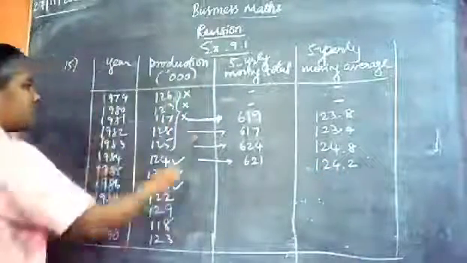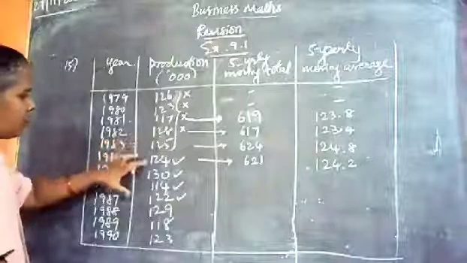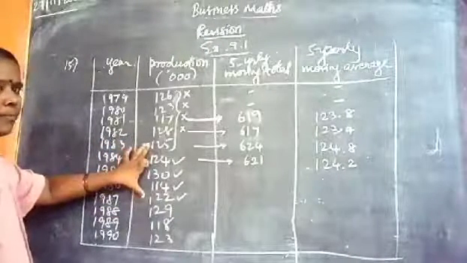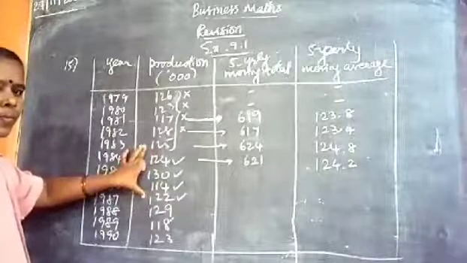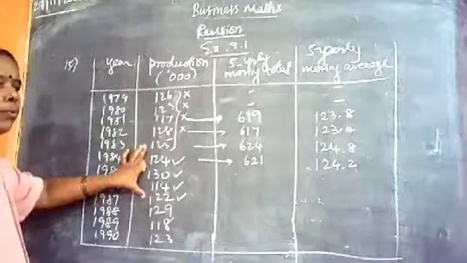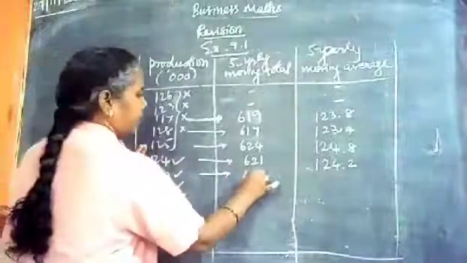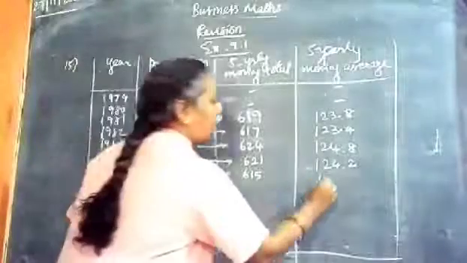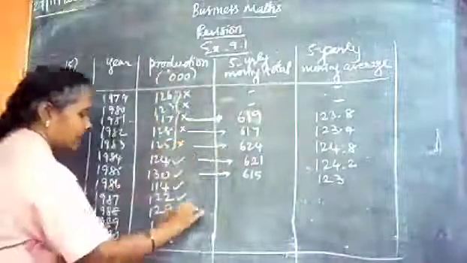Okay, next leave this number, join this number, find the total. 1, 2, 3, 4, 5. 615. Yes, miss. By 5, 123. 123. Next leave this, join this.